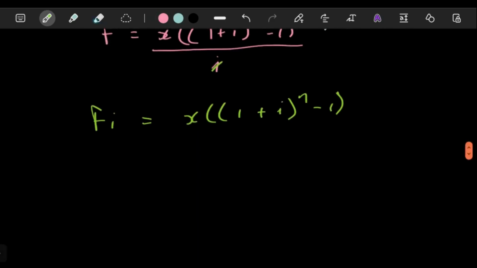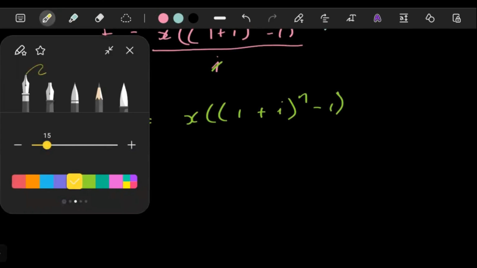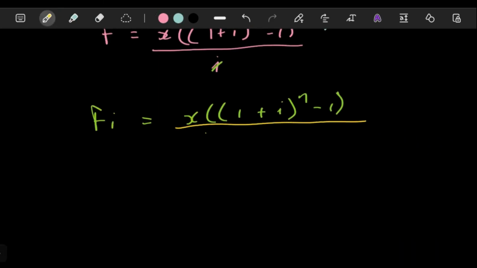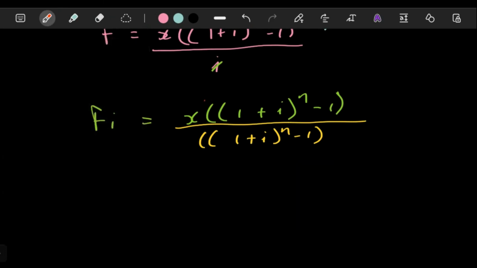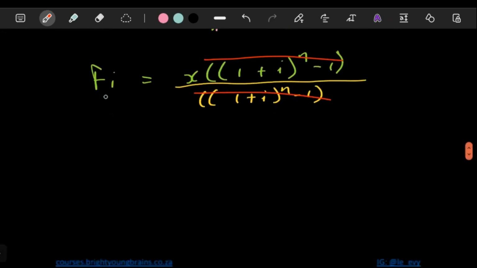And then divide everything by the big bracket. So that's what we're going to get here: 1 plus i. Yeah, and this cancels that. So it's like F, and you also divide by the big bracket, 1 plus i to the power of n minus 1.